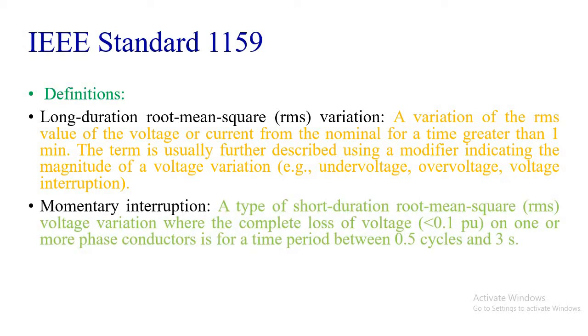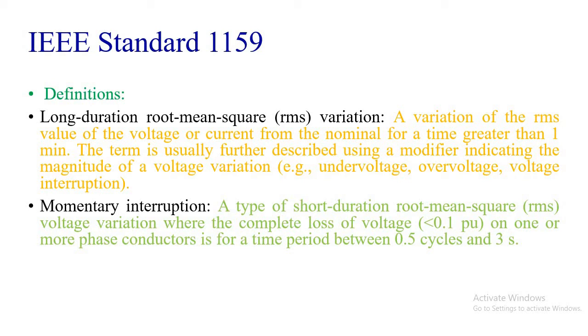So next is momentary interruption. A type of short duration RMS voltage variation where the complete loss of voltage on one or more phase conductors is for a time period between 0.5 cycles and 3 cycles.